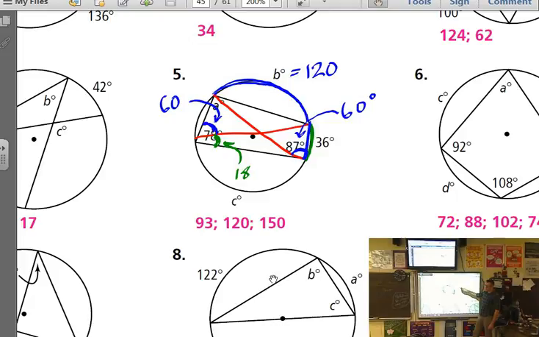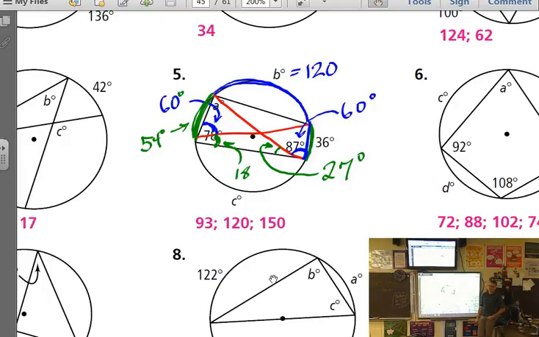You with me on that? Because it intercepts the blue arc. From there, that would give me that this small green portion would have to be 27. And if that has to be 27, then this arc over here must be 54. And then we can solve C.